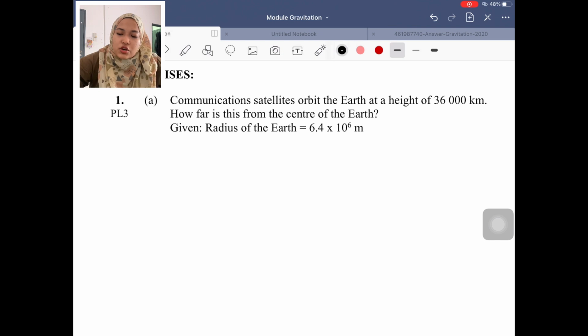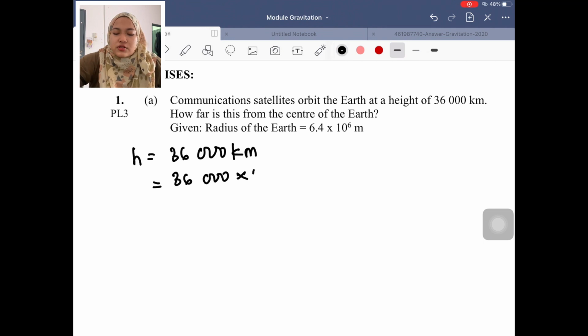So here height equals 36,000 kilometer. Ingat, bila kilometer kita kena tukar kepada meter. So the multiplier for kilo is 36,000 times 10 to the power of 3. Multiplier ingat lagi waktu form 1 dah belajar.